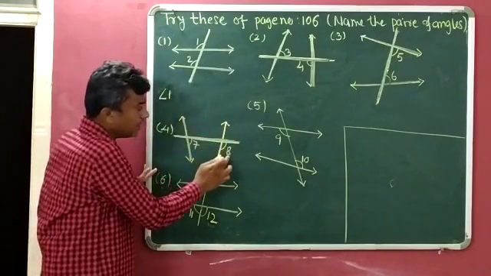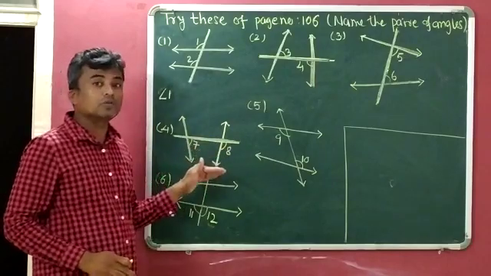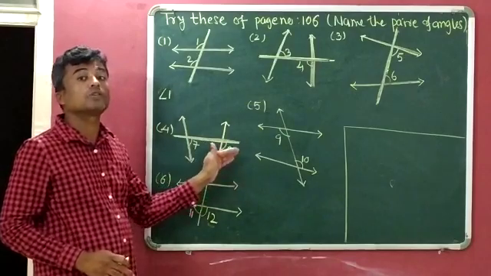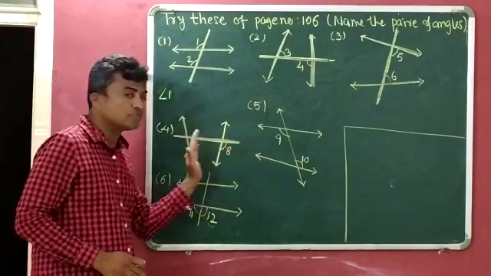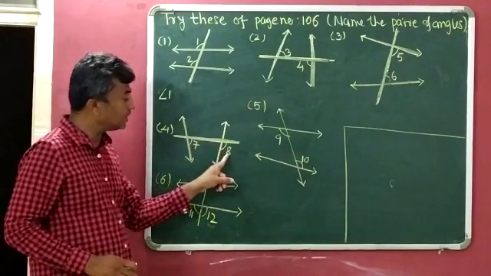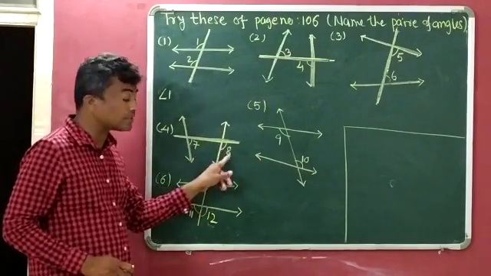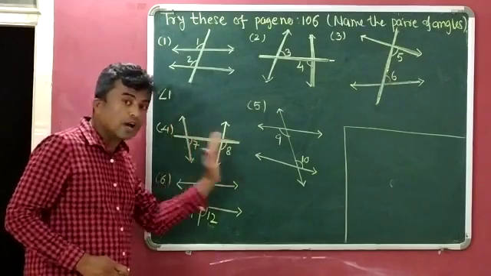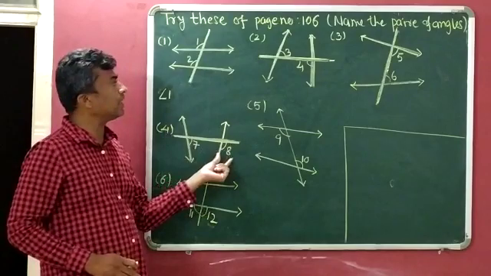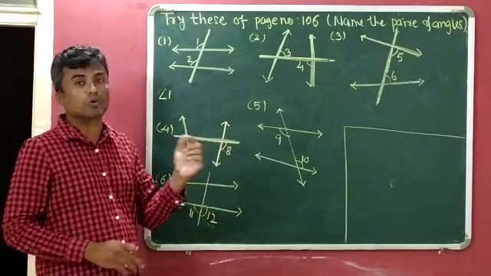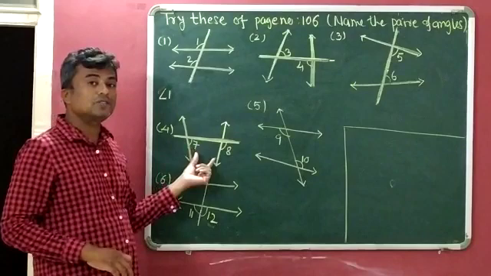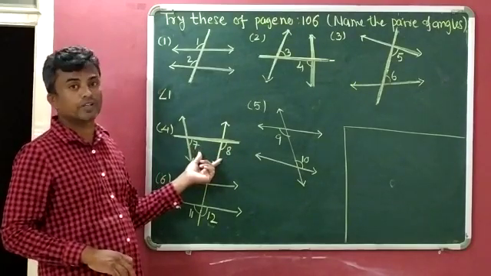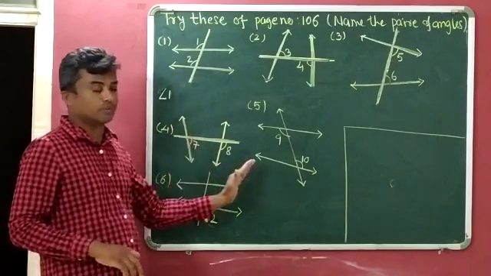So angle 7 and angle 8 are a pair of corresponding angles, because they lie on the same side of the transversal in corresponding positions, the downside position.